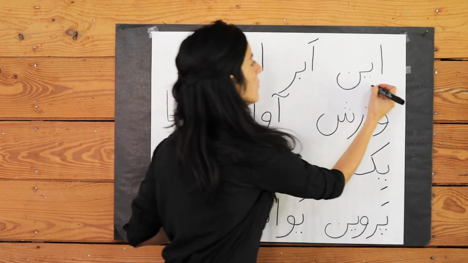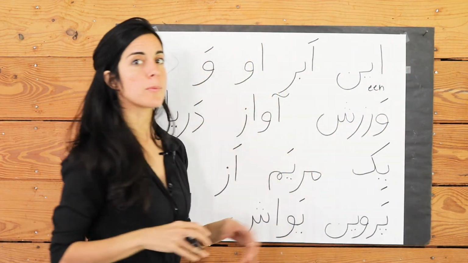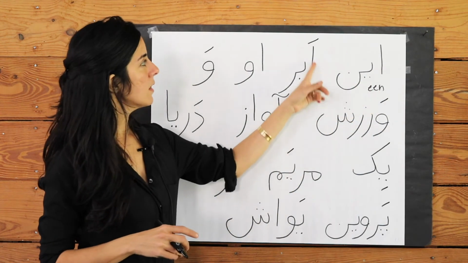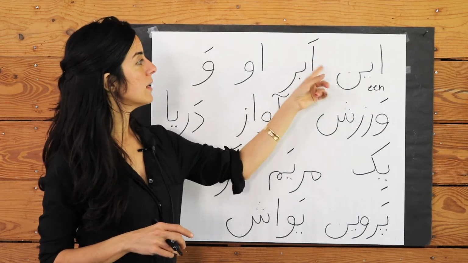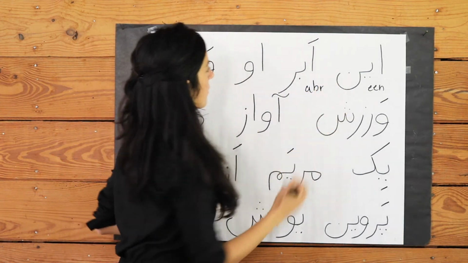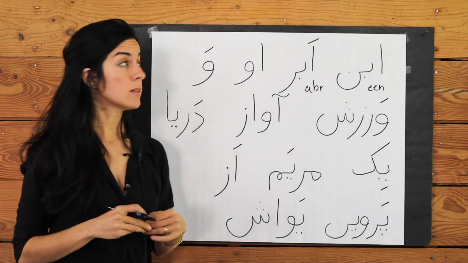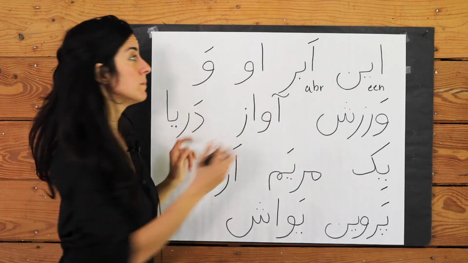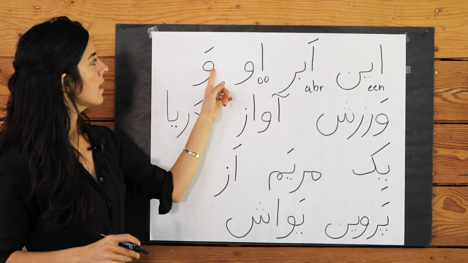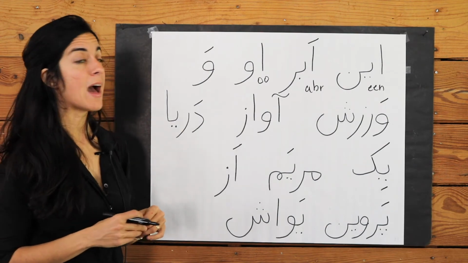In. And this is an example of that ah sound and the properties it takes on. In. An ah sound with an a above it. Abr. Ah followed by an u vowel is ooh. A v with an a above it is va.